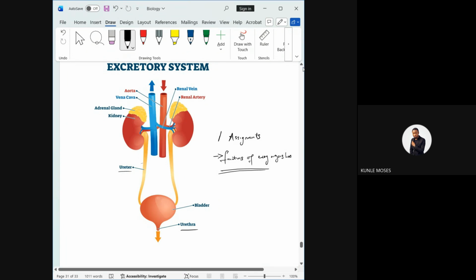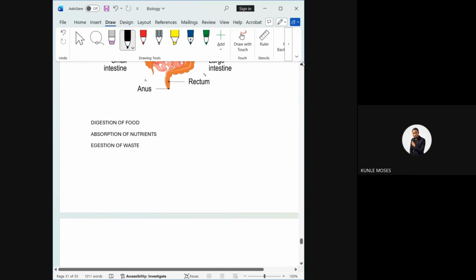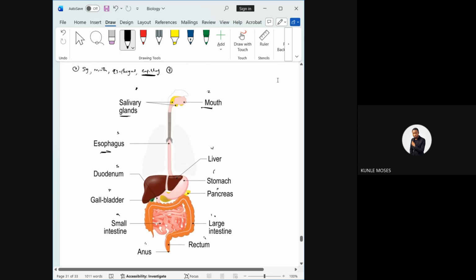Then find the functions of every organ. Same thing applies to the functions of every organ in digestion, because we have a lot of things to cover in biology.